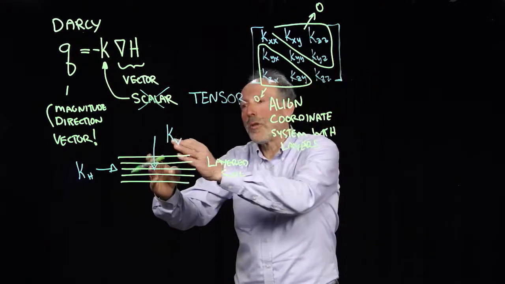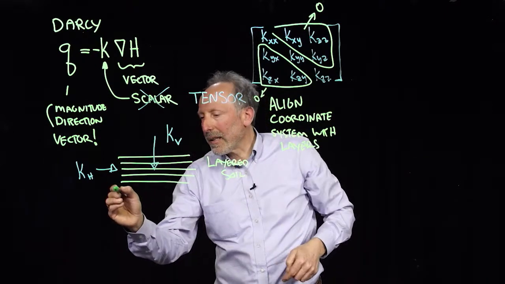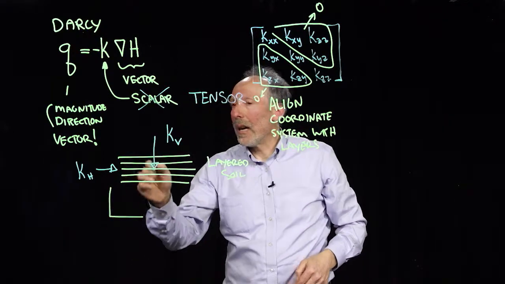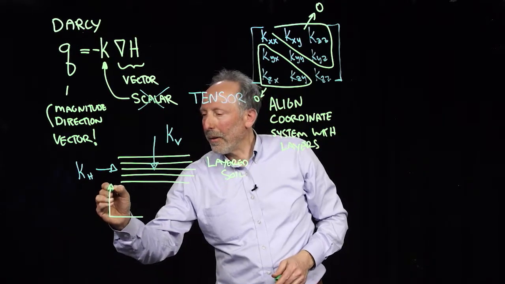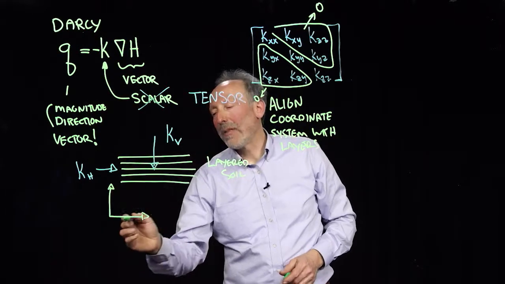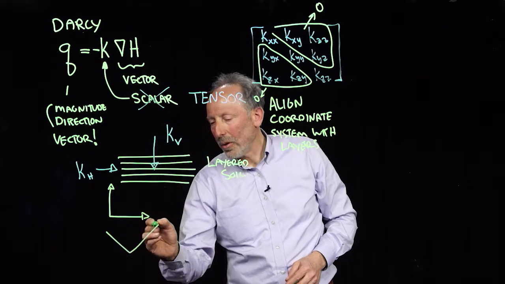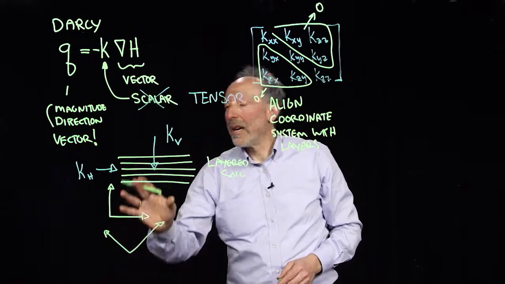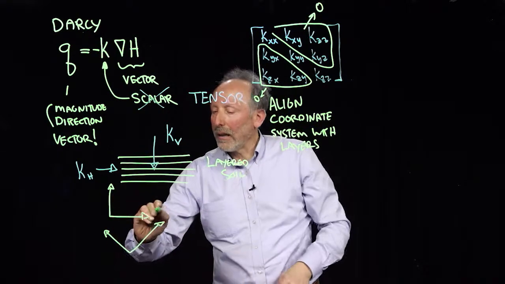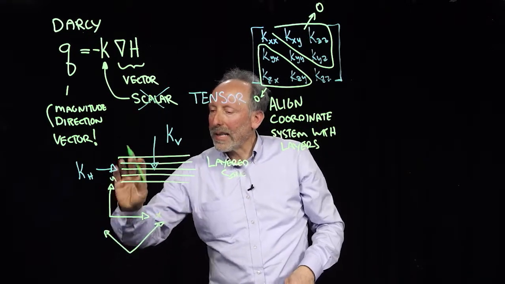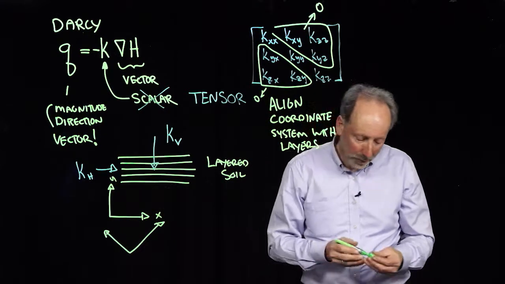So in other words, here I've drawn where my axis system is oriented with the layering of the soil. Had the axis system skewed with respect to these layers, I would have to maintain the cross terms. But here, if I align x and y exactly with the layering, then I don't have to retain those terms.